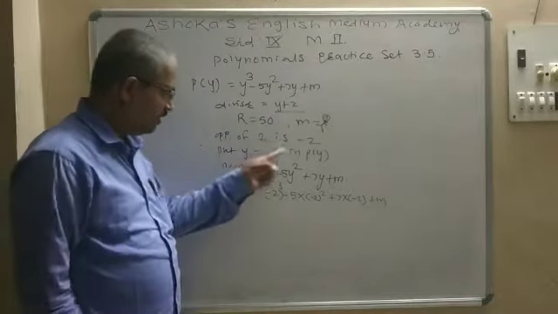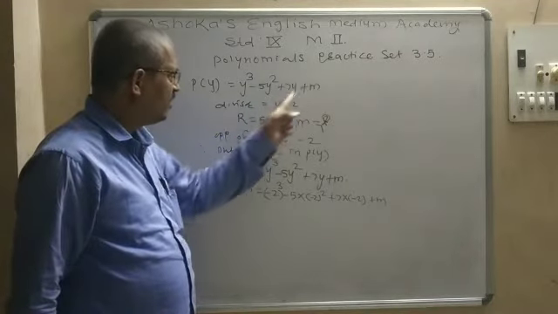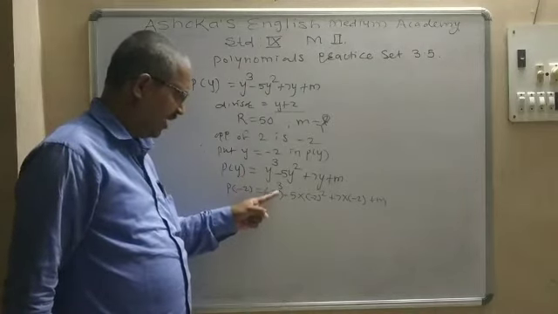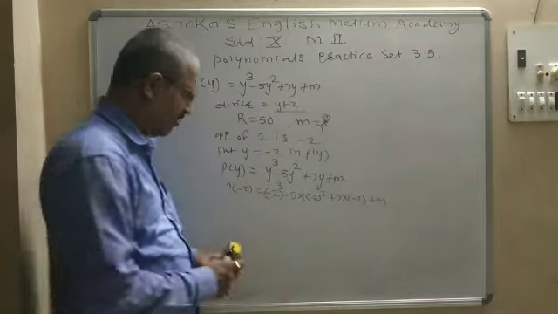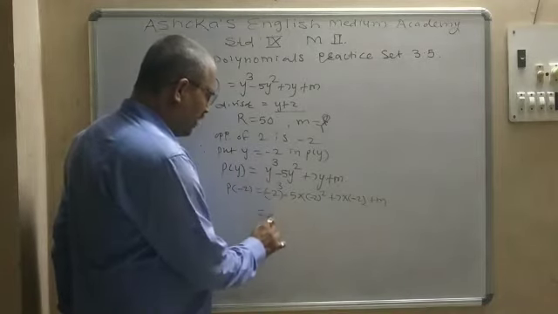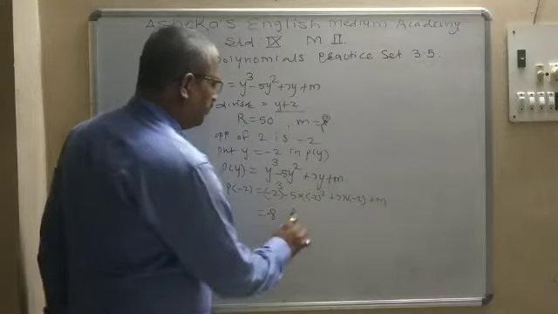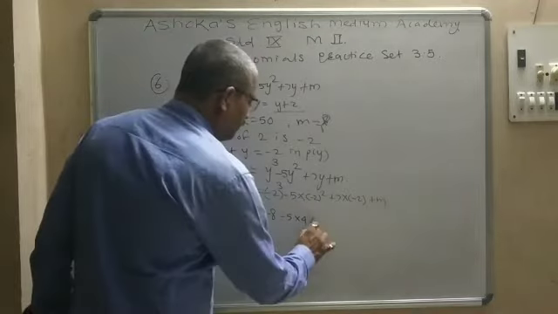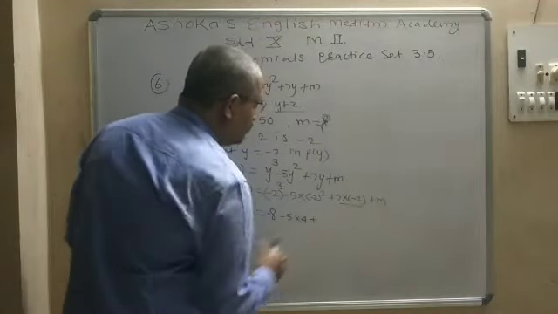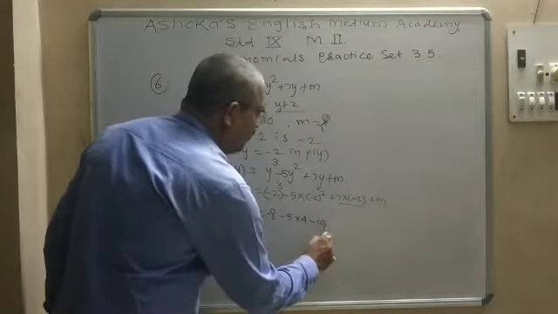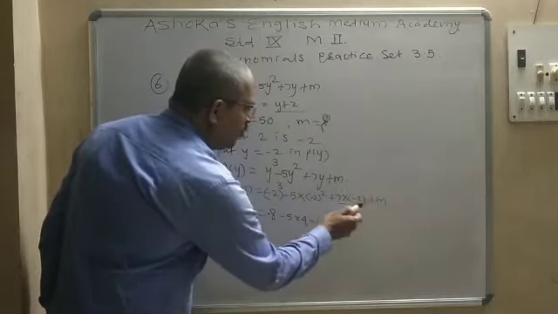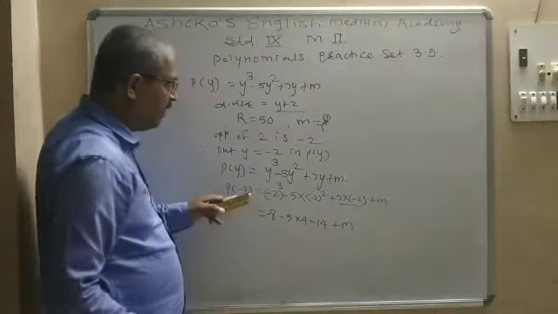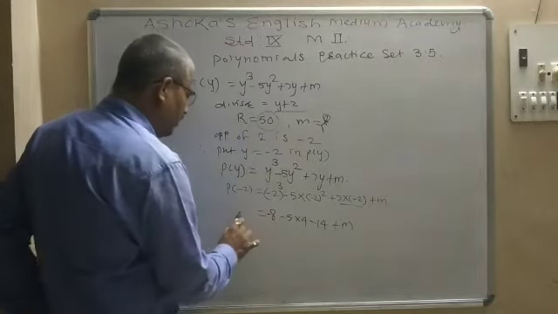Okay, the divisor is given as y plus 2, therefore putting y is equal to minus 2, instead of y we take minus 2, so the cube of minus 2 is negative 8. Here minus 5 into 2 square means positive 4 will come, so minus 20. Plus 7 into minus 2 should give minus 14, because one is negative and one is positive. The product of negative and positive is always negative, and m as it is. The value of P of minus 2 is given, the remainder is 50.